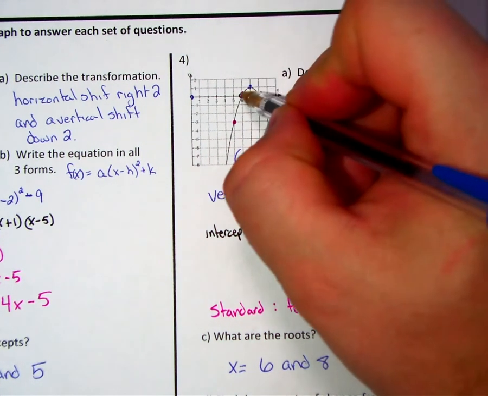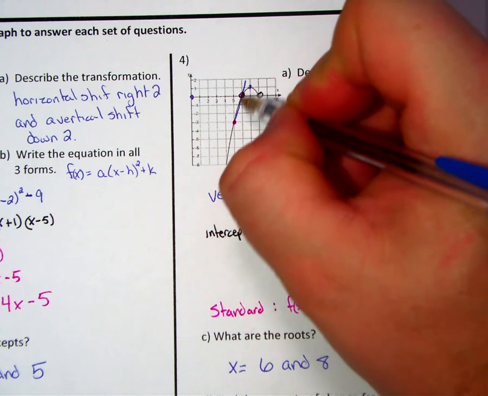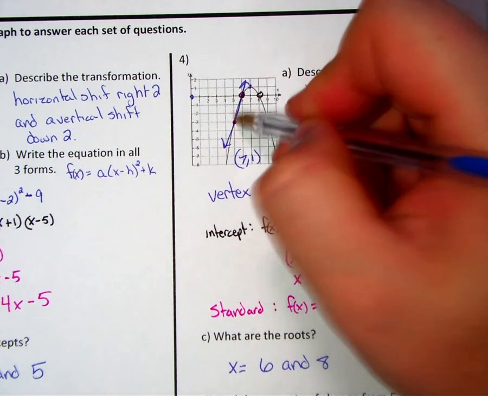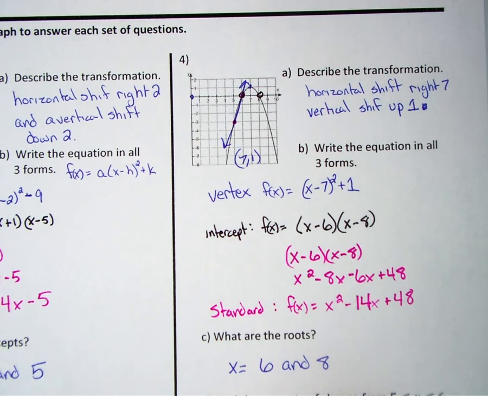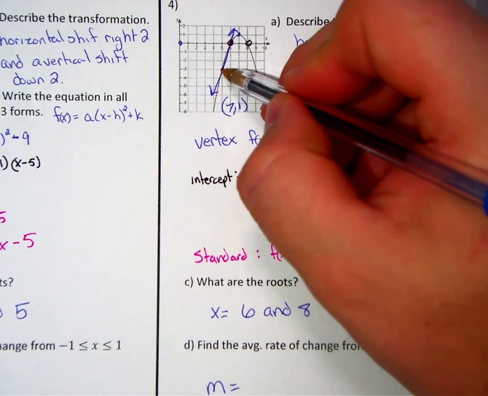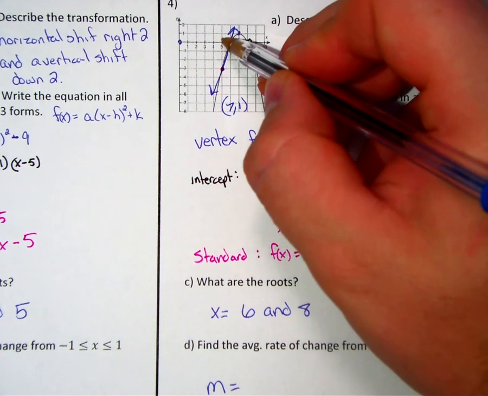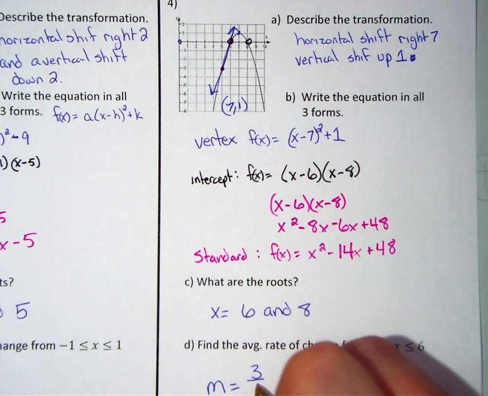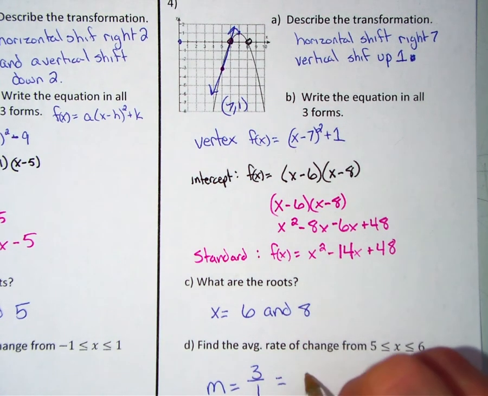We want to know the equation of the line that goes through these 2 points. So we would find our rise over run. M is equal to, from the lower point, we go up 1, 2, 3. We go over 1. So our m value is equal to 3.